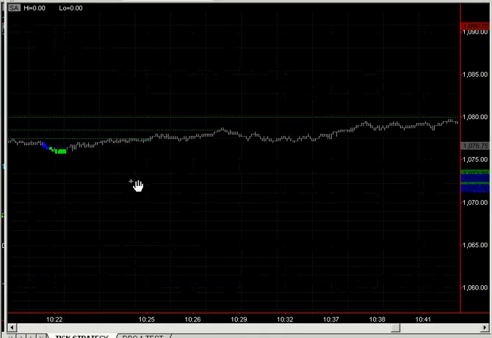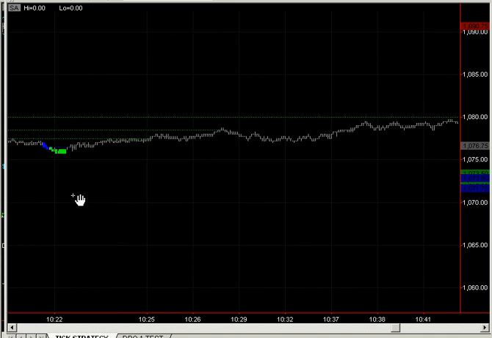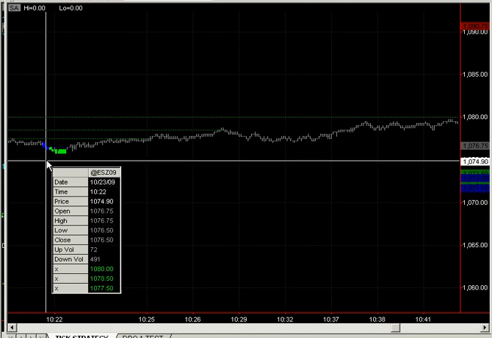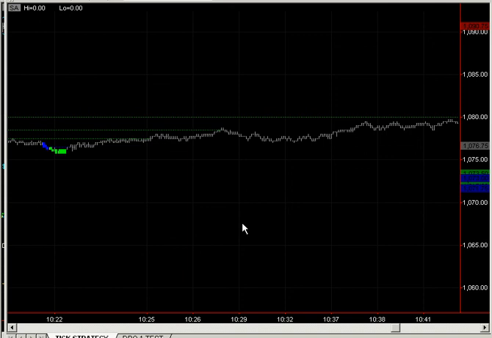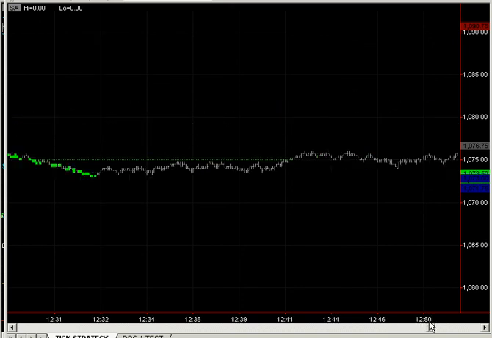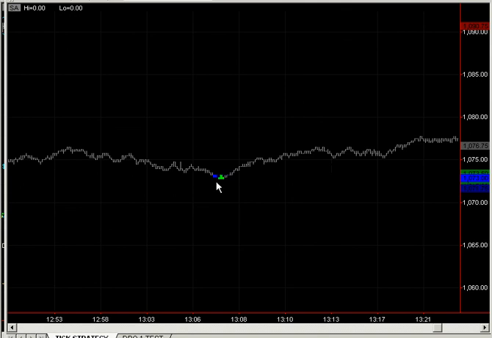Here's our divergence chart. When the bars are colored blue, it indicates VIX divergence. And here we are at 1022. Spoos are just about at their bottom. Blue means VIX divergence. 1308, VIX divergence.